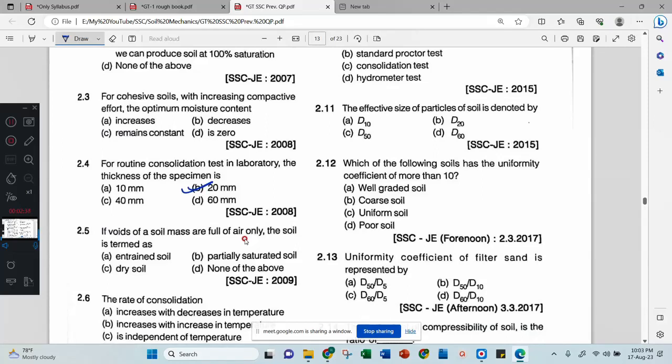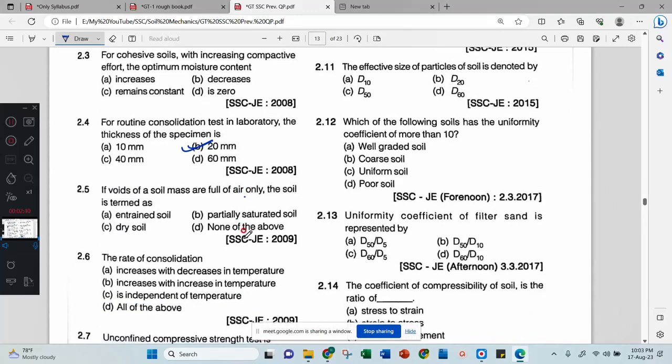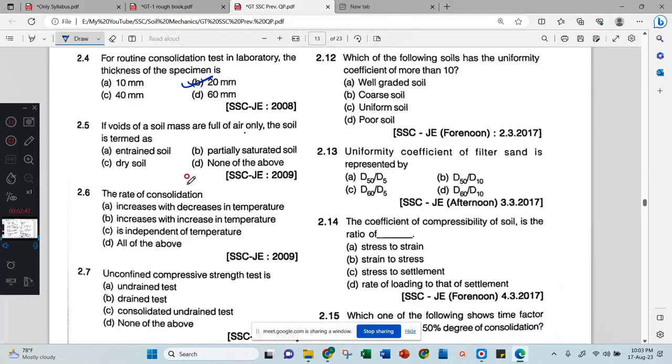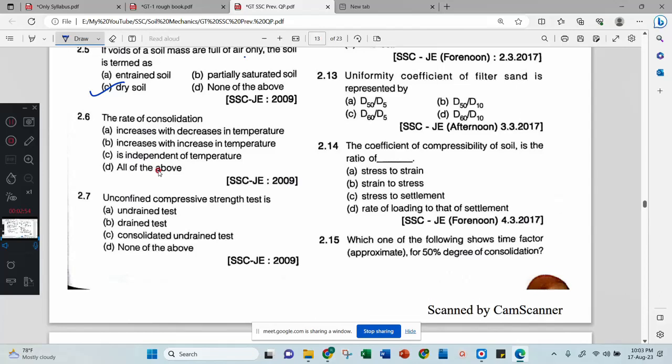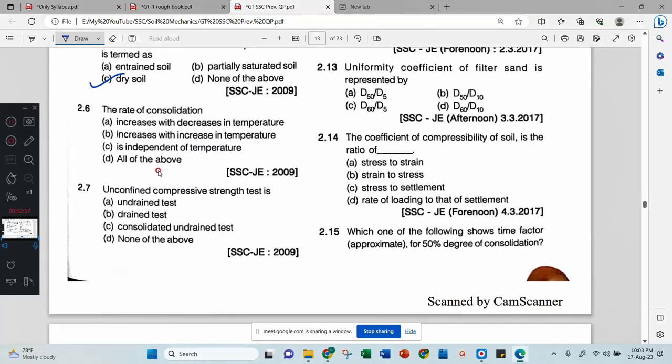If the voids of a soil mass are full of air only, the soil is dry soil. The rate of consolidation... So B.